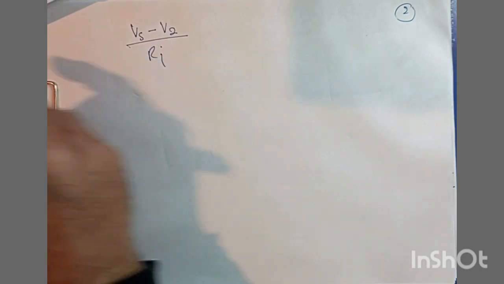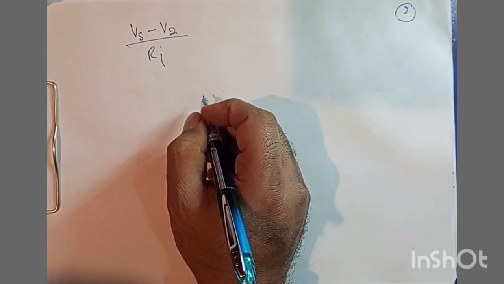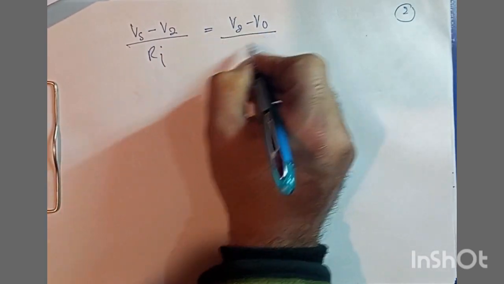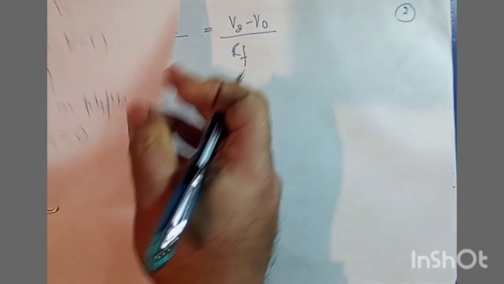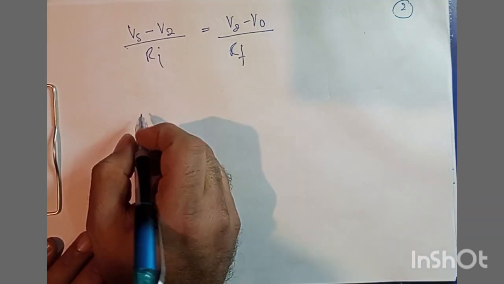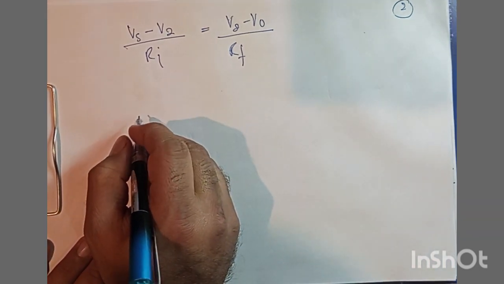That's for I. For IF, here the voltage is V2, and here you have V out. So this must be equal to V2 minus V out divided by Rf. That's the case. Now we can simplify this equation, and we can look for the output voltage.